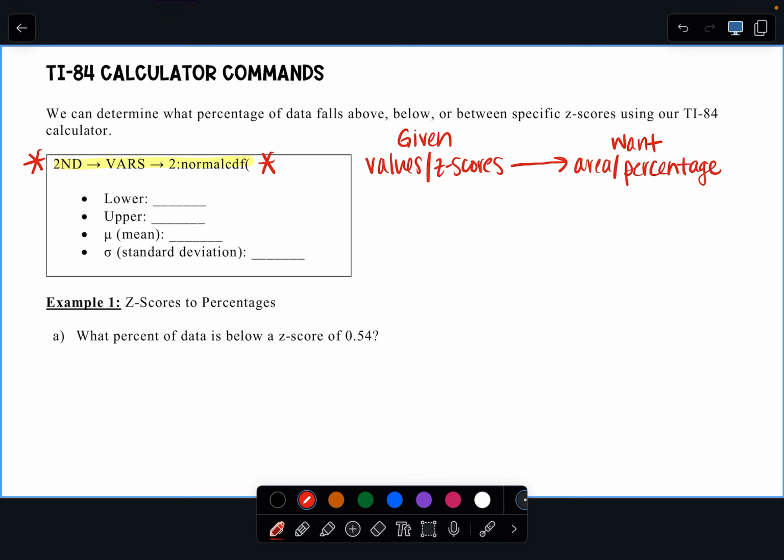So when you read a question and they say, given that Jeff has a score of 90, what's the probability a student in class scored higher than him, or what's the percentage of students that scored higher than him? This would be a normal CDF question because they're giving you Jeff's score and they want you to find a percentage. Anytime they give you a data value, and sometimes they'll even give you a z-score already, you're going with normal CDF.